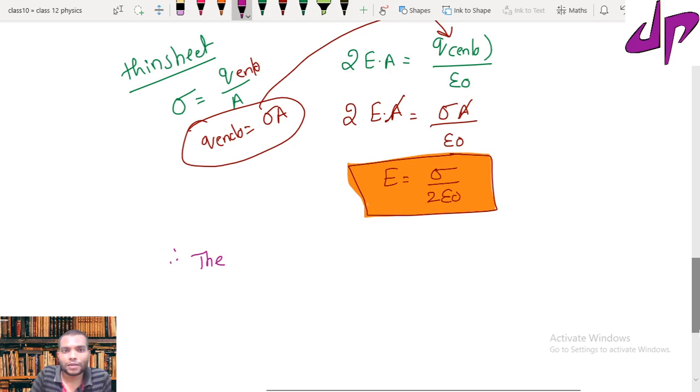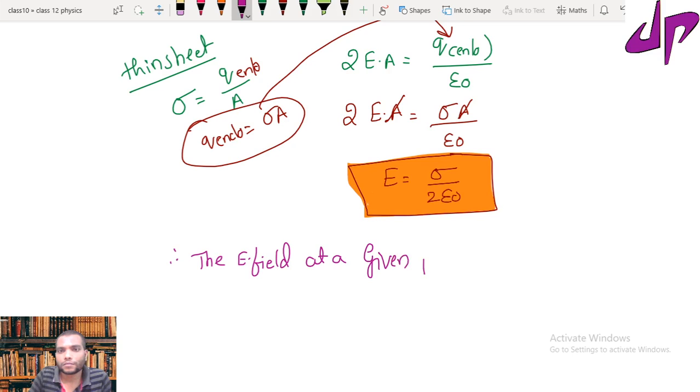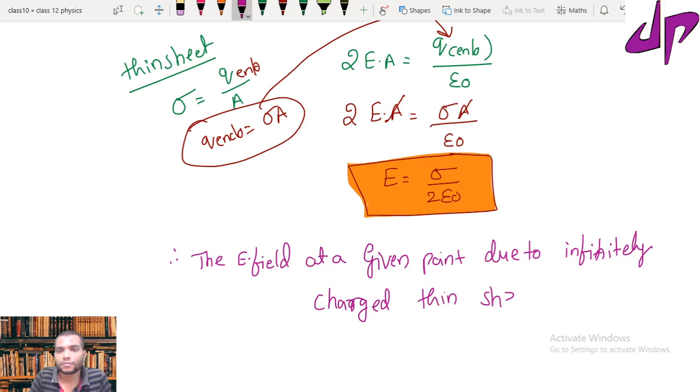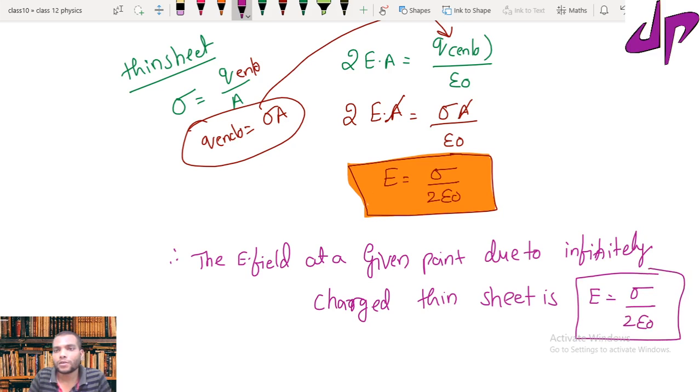Therefore, the electric field at a given point due to an infinitely charged thin sheet is E equal to sigma upon 2 epsilon naught. So this is the final expression.